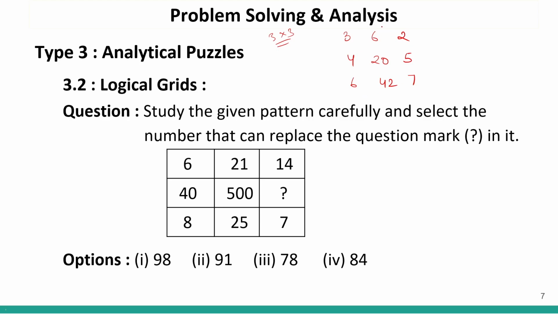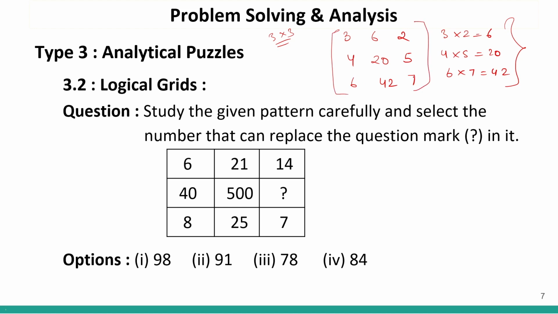When I look at this, I can see this last column looks a little bigger than the 3 and 2, 4 and 5, and 6 and 7. So 3 into 2 will give me 6. Similarly, 4 into 5 will give me 20 and 6 into 7 will give me 42. So this is how the pattern is in this particular logic grid.